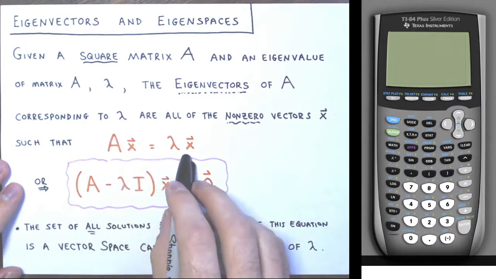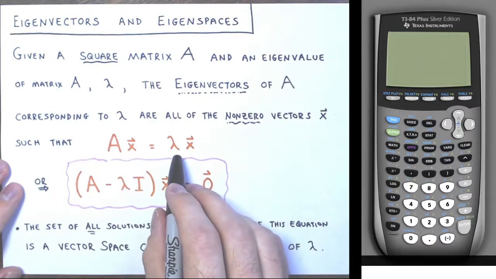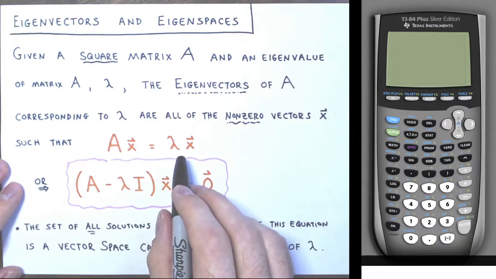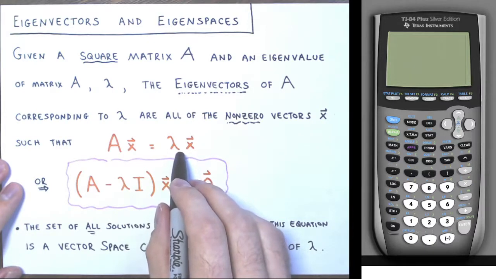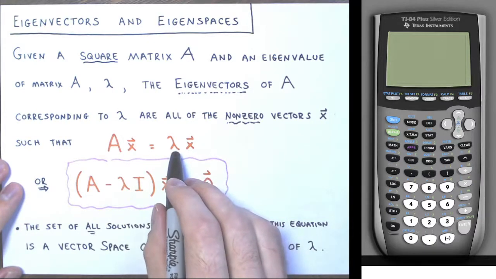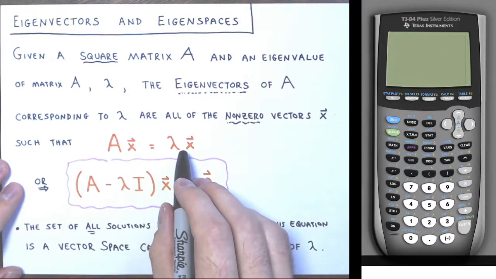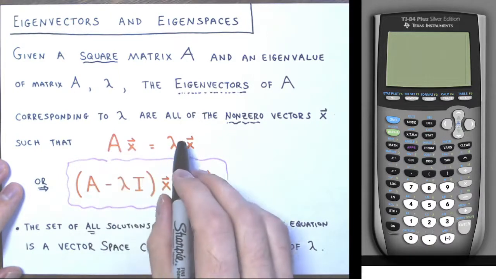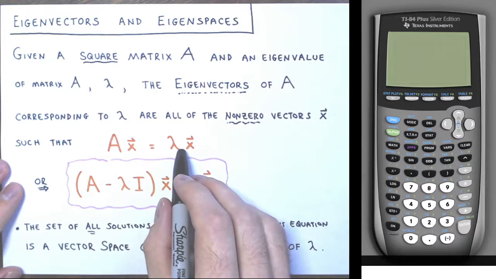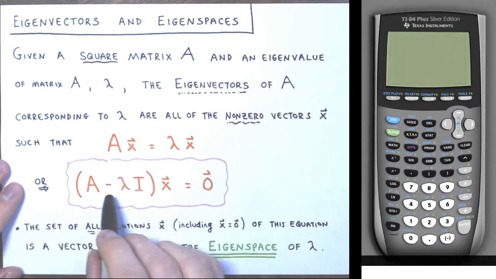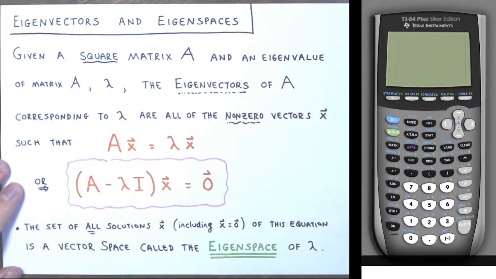Now another way to express this: remember in the last video on finding the eigenvalues, solving the characteristic equation, I rewrote the lambda x as lambda times I times x, where I is the identity matrix, the same size as A, so the n by n identity matrix. The only reason that was introduced is so I could do some subtraction of matrices, because in order to subtract matrices, they have to be the same size.